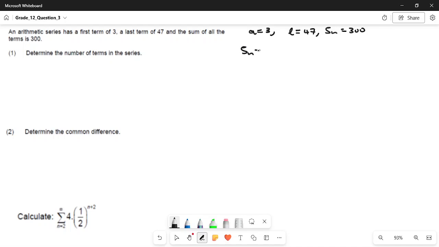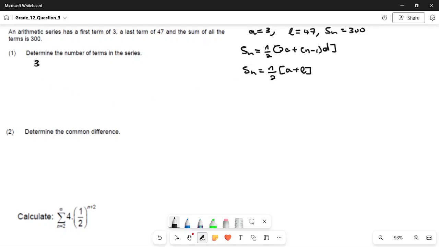The first formula is n divided by 2 into 2a plus n minus 1 times the common difference. The second one is n divided by 2, and then we sum our first and the last term. In our case, we'll use the second formula because we know what our a is, and also what the last term is, and the only unknown is the number of terms.